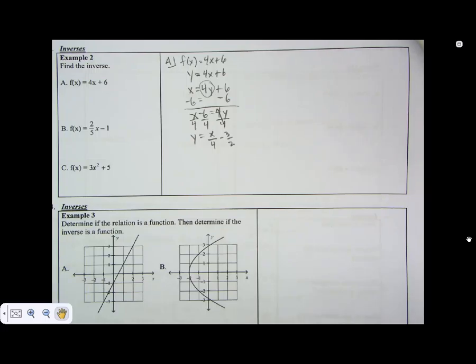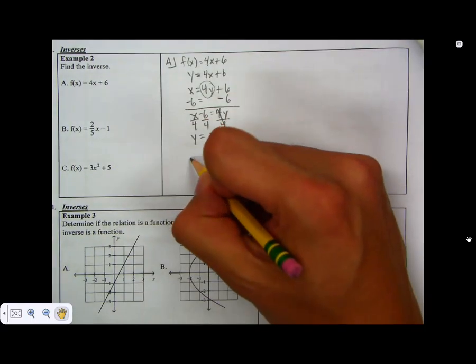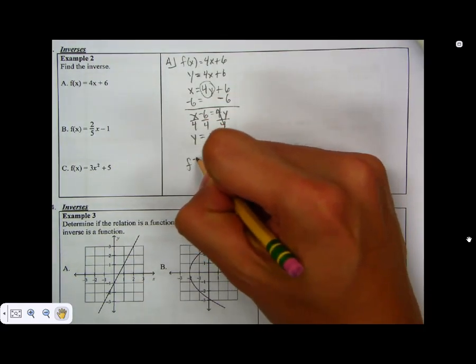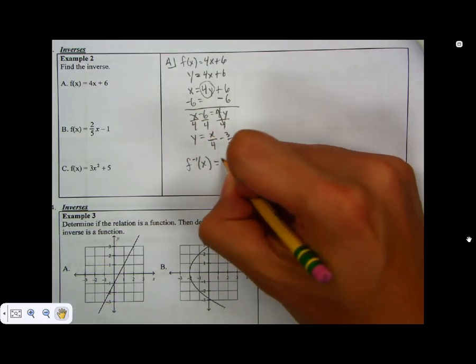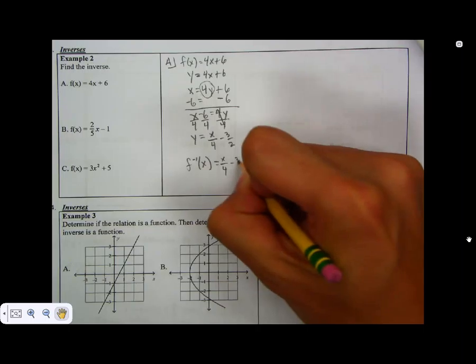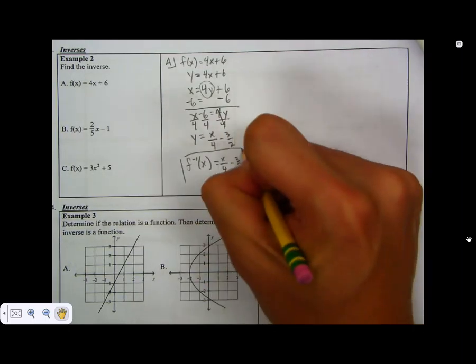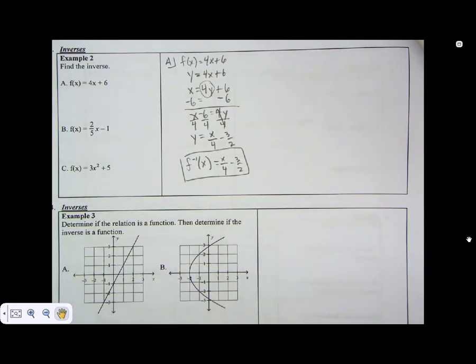So that's my inverse. I'm just going to write it in inverse notation. f inverse of x is equal to x over 4 minus 3 over 2. And that's our answer.